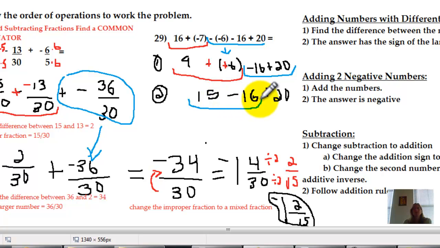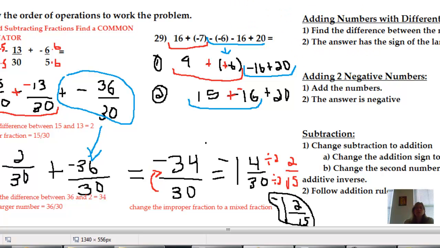15 minus 16. Follow the rules for subtraction. Change to addition. And change the second number to its opposite. The opposite of 16 is negative 16. We have adding numbers with different signs. So we find the difference.